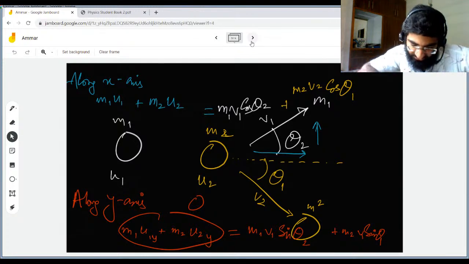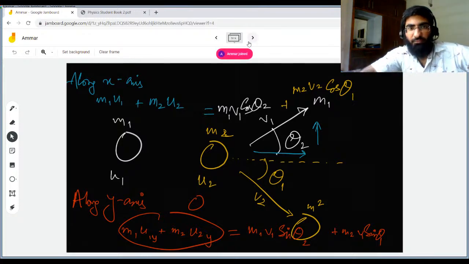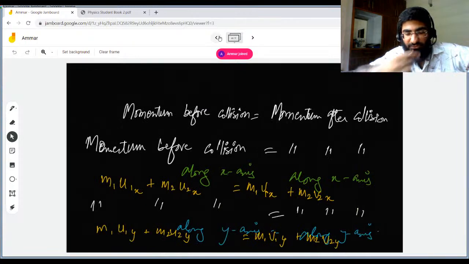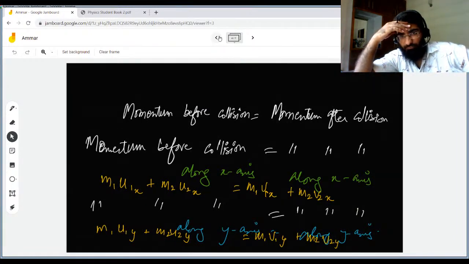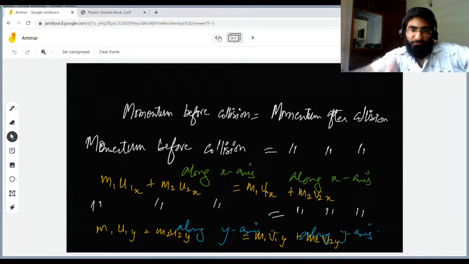The same way for y-axis it would be m1 u1y plus m2 u2y is equal to m1 v1y plus m2 v2y. I'm sorry, I was writing on this slide. All right.